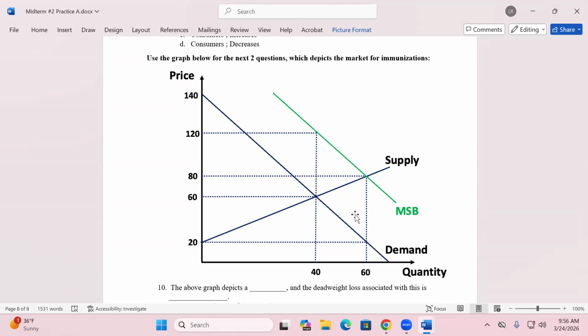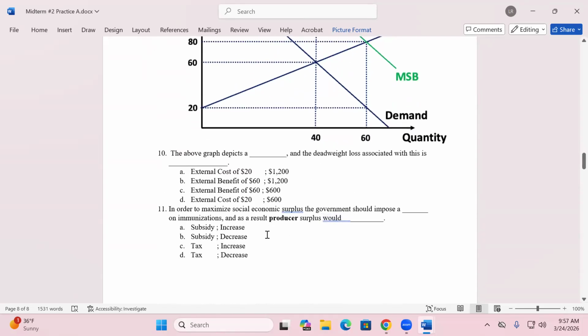So if my private marginal benefits, or the demand curve, are less than the social benefits, I must have a positive externality. So we have a positive externality here, which means the market is not going to arrive at the quantity that maximizes total surplus for society. So we'll think about what producer surplus is and how I could solve this positive externality issue.